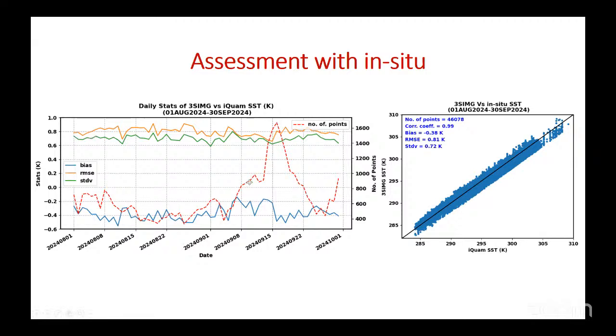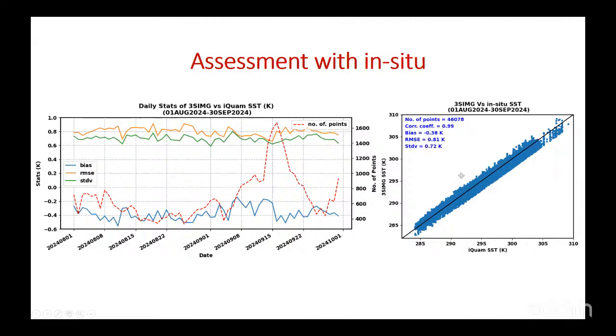These are the number of data points, and this blue line is the bias. So the bias also is very small, around 0.3, 0.4. That is because the imager observations are surface skin temperature, whereas the in situ observations are bulk, so that is the bulk-skin difference.